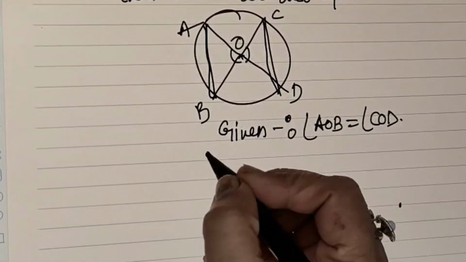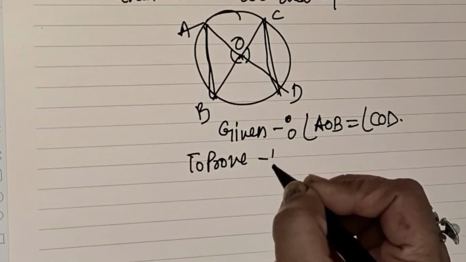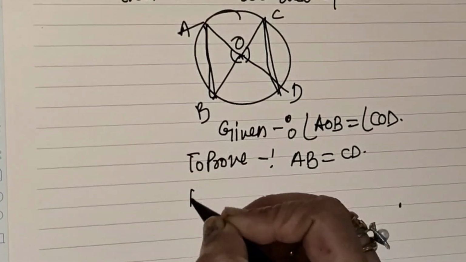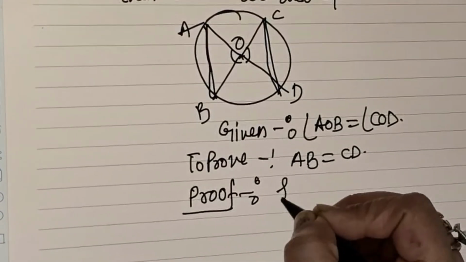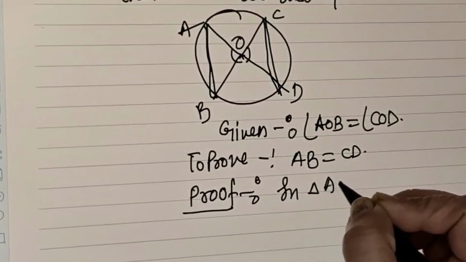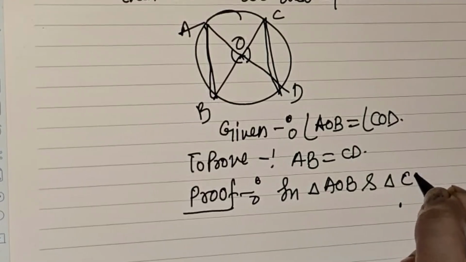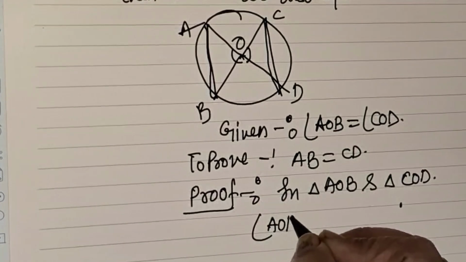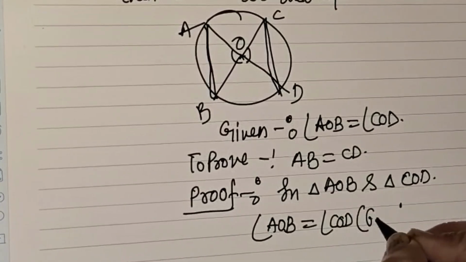Then to prove AB and CD are equal, going to start with the proof. Same thing, taking triangle AOB and triangle COD. What is given? First I am writing that AOB is equal to COD. Reason: given.